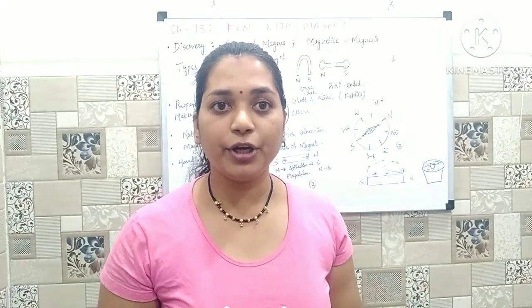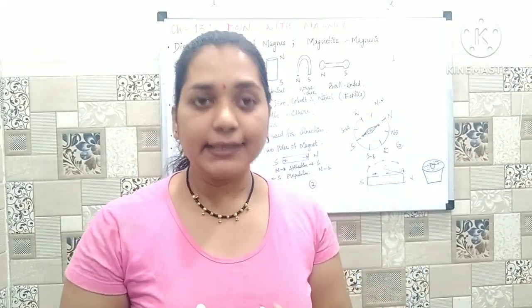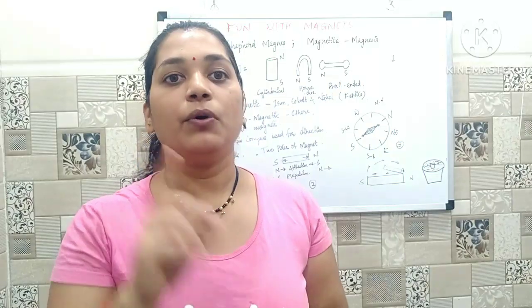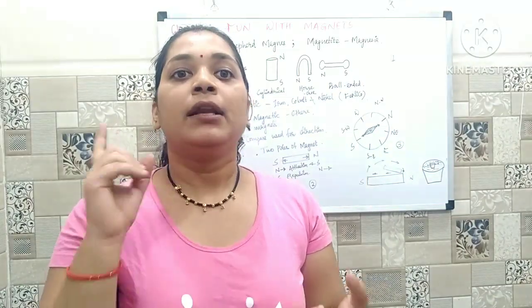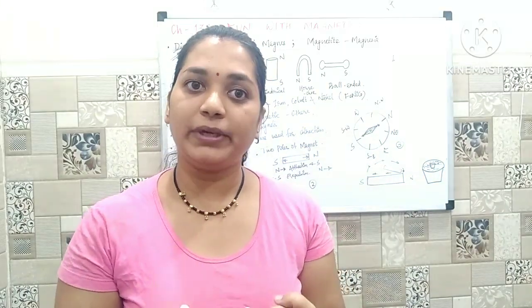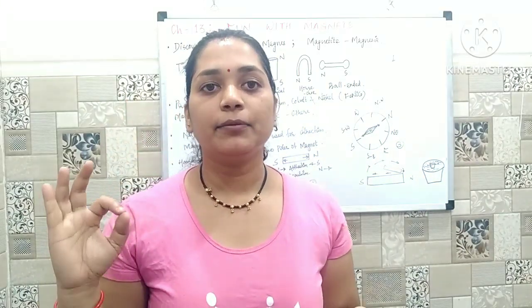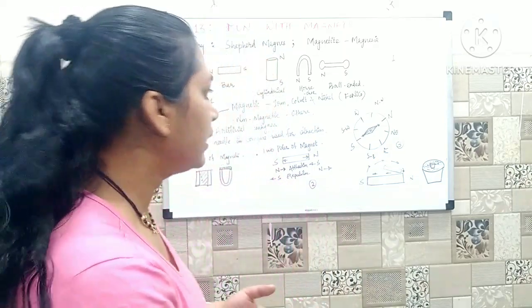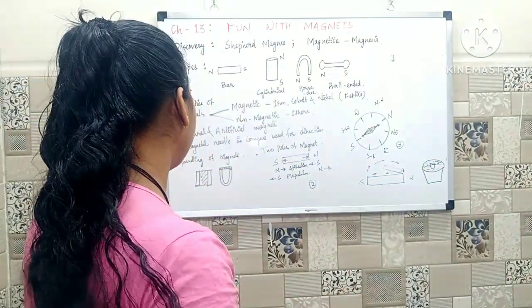You have to remember this point. The magnet has two magnetic poles, one north and the other south. The north magnetic pole will attract the south and repel the north magnetic pole. These are the two key points you have to remember.